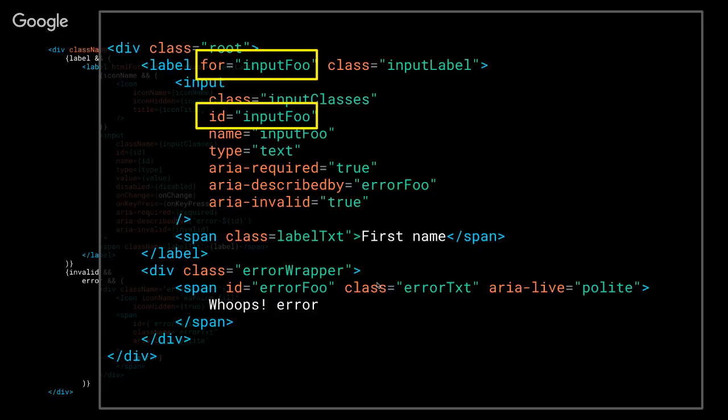So how we add our accessibility spices into this semantic HTML input pattern is we add a for attribute for the label, and the value of the for attribute is the same value as the ID of the input that you want to associate with this label.